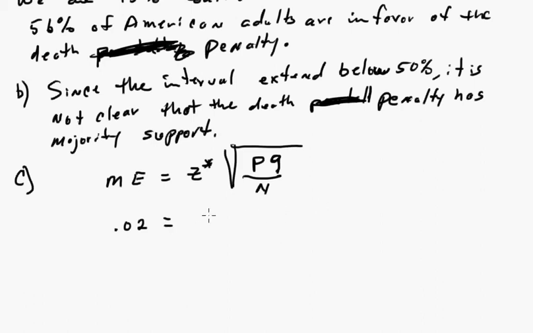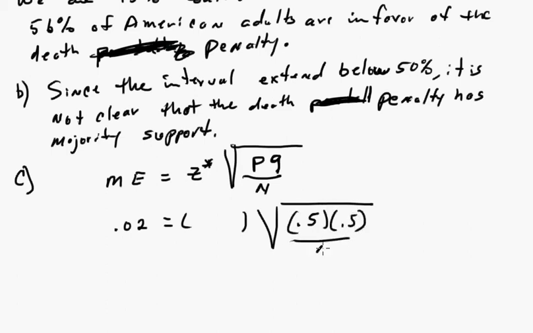Okay, and then we don't know what the proportion is, so the most conservative value to use is 0.5 times 0.5 over n.